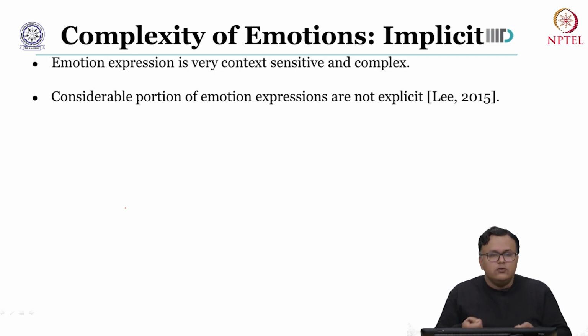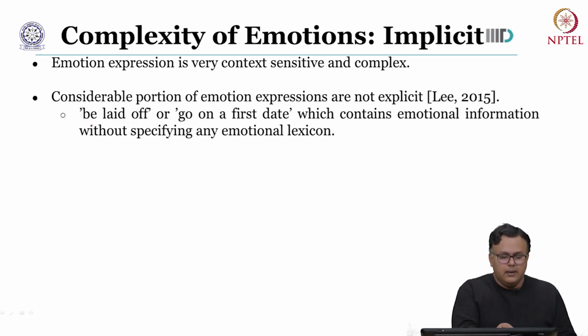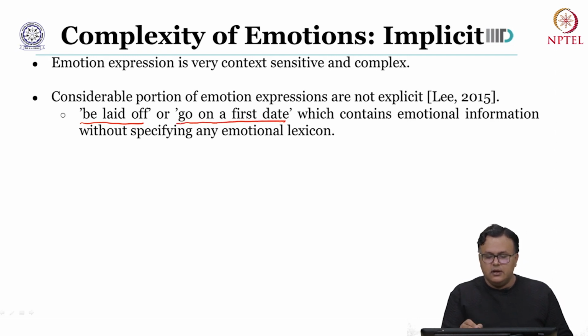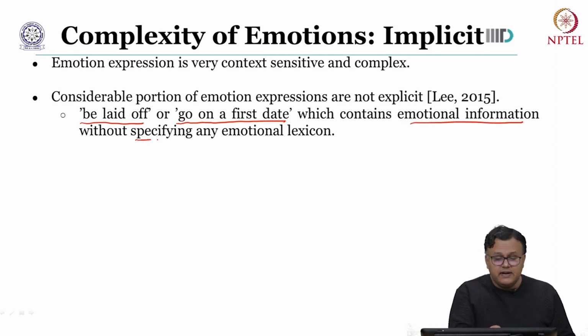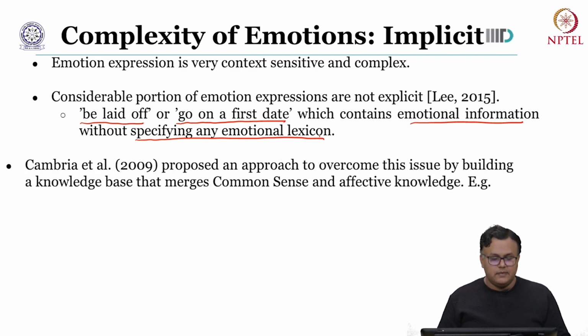Implicitly through the text you would be actually trying to understand the conveyed emotion. Okay. For example, "be laid off," or another statement, "go on a first date." Now these contain emotional information without specifying any emotional lexicon, right? So there is an implicit emotion representation here.